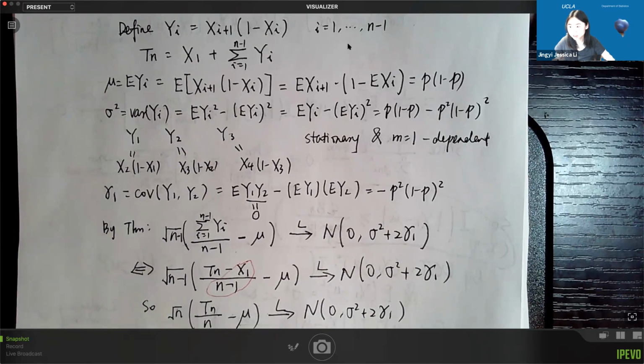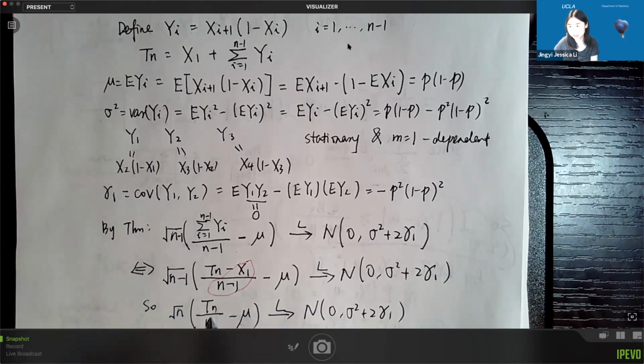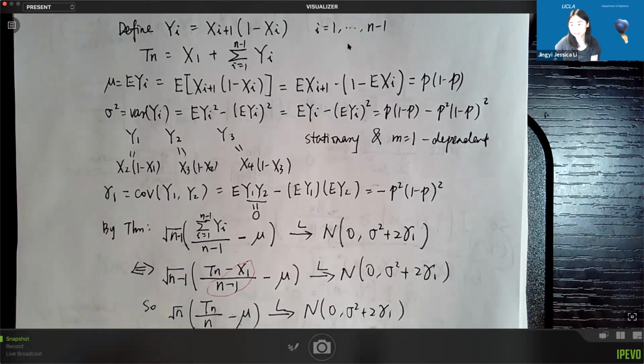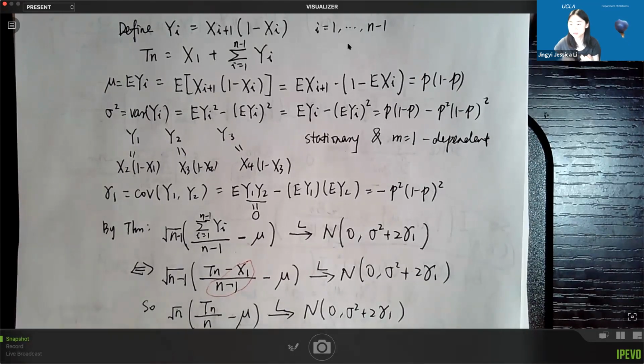Then each time you can count the number of runs of successes in that sequence. So you will have 1,000 values for Tn, and then you can plot the empirical distribution of your 1,000 values using a histogram. You can plot this Gaussian density curve, and then you see how well they match each other. That's a way for you to see how the asymptotics works in practice.